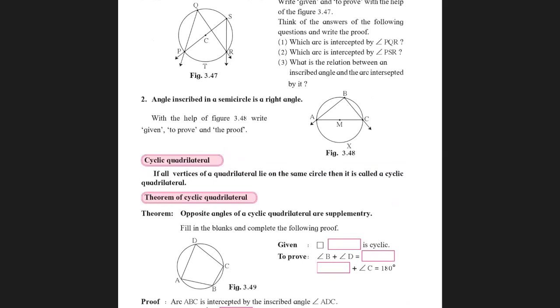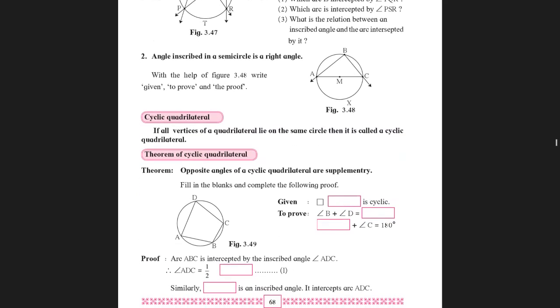Okay. Next we go to another important part of this lesson, which is the cyclic quadrilateral. What it means is, if all vertices of a quadrilateral lie on the same circle, then it is called a cyclic quadrilateral.